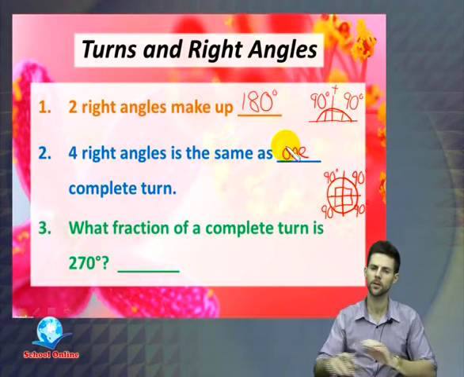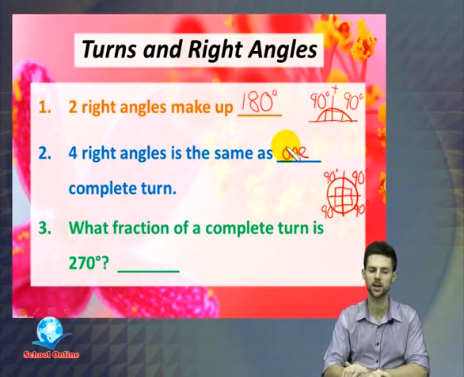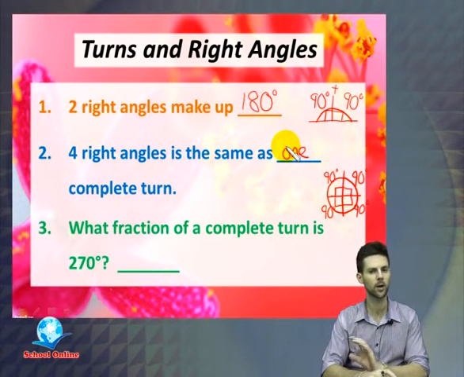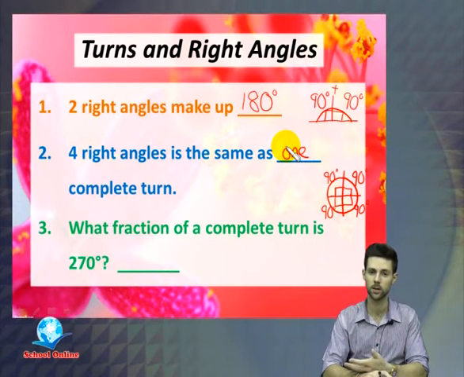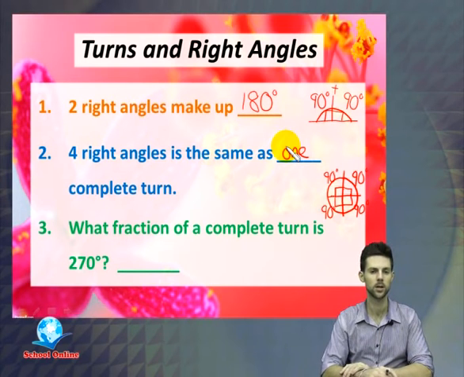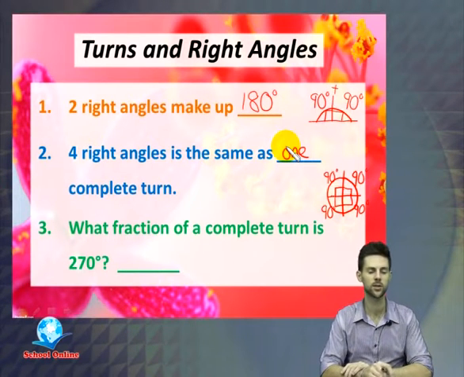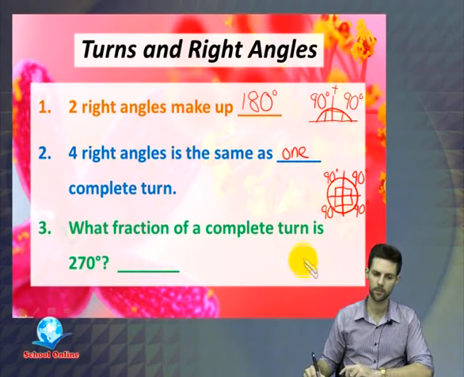Question 3. What fraction of a complete turn is 270 degrees? So what fraction? We have a quarter of a turn, half a turn, 3/4 of a turn, or 1 complete turn. So which fraction is 270 degrees? Well, let's have a think.